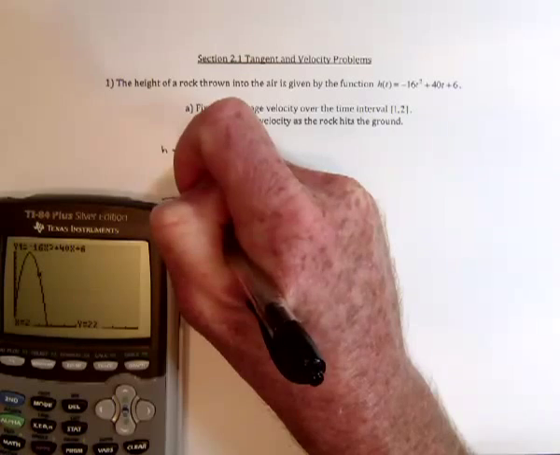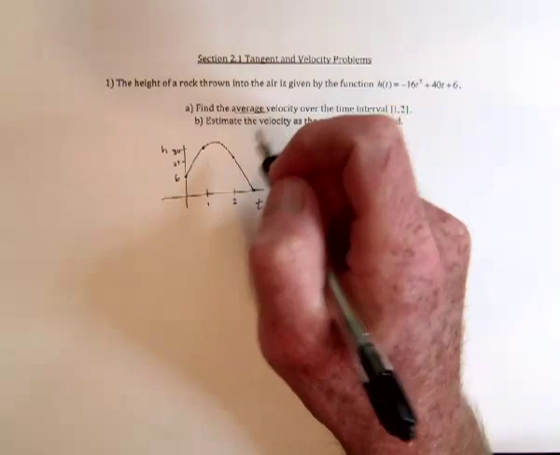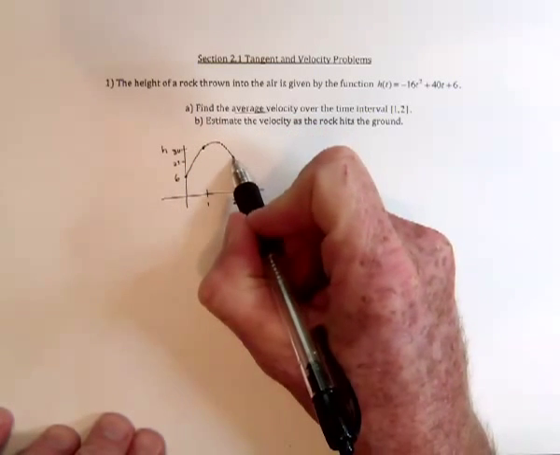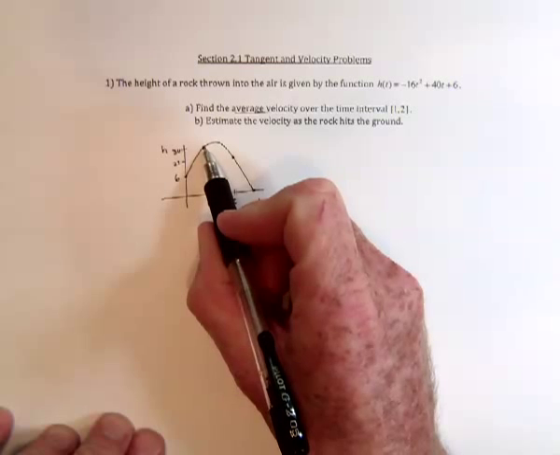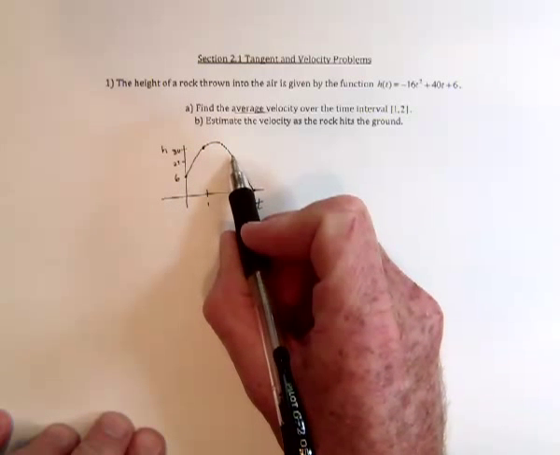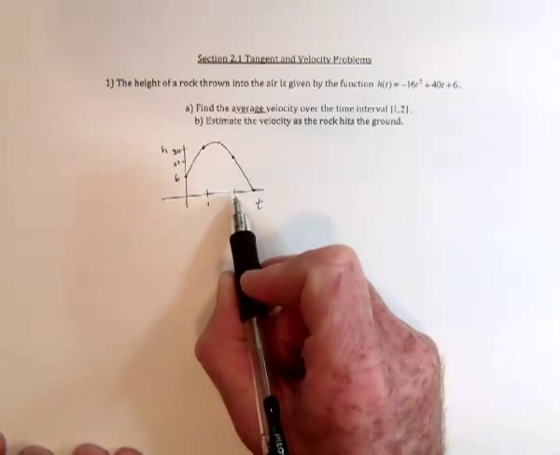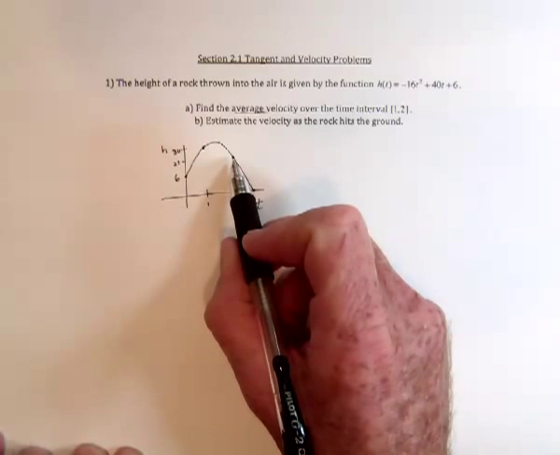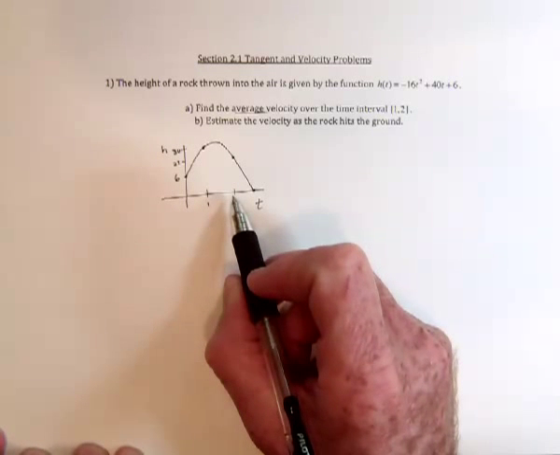So what the first question, or part A, is asking, what's the average velocity? So as it moved from this point over to this point, if we could find the distance that it traveled, which actually would be along this curve, and measure that distance and divide it by the 1 second that it took to move from here to here, we would have a velocity. The distance over time is velocity.